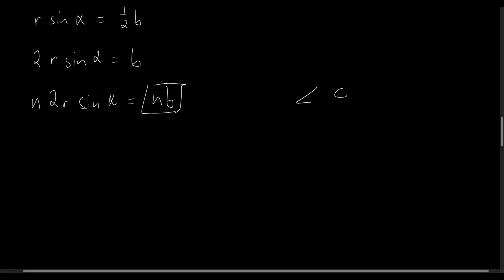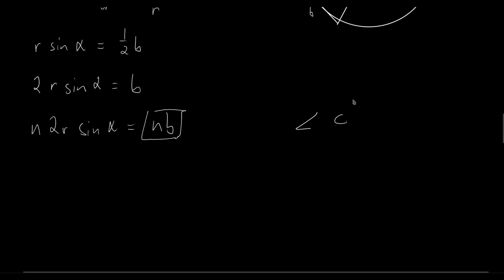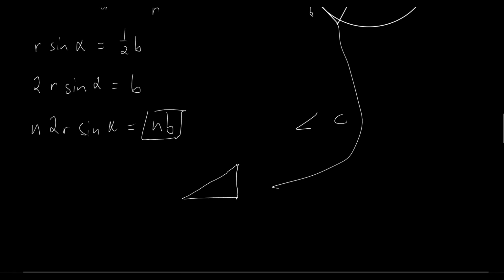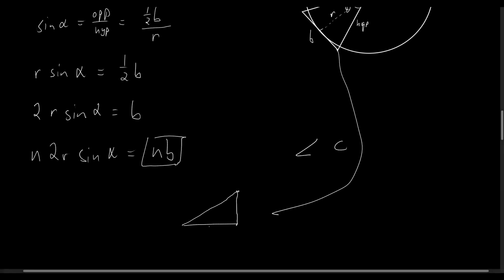Now, for the circumscribed polygon, I'll blow the triangle up here. Now here, the radius is equal to the height, so here we have r, which is the adjacent.